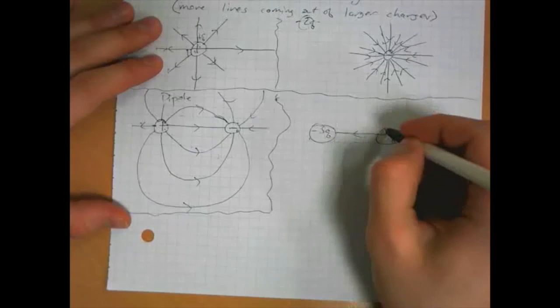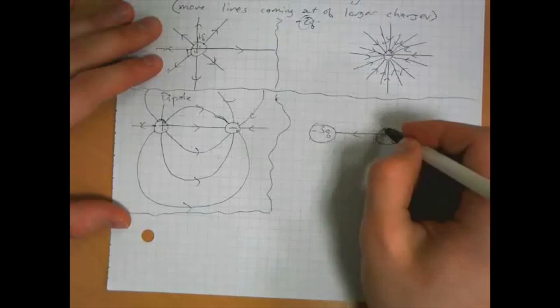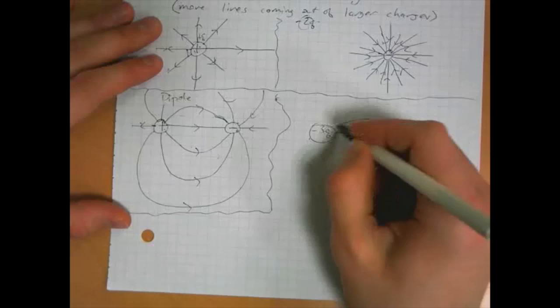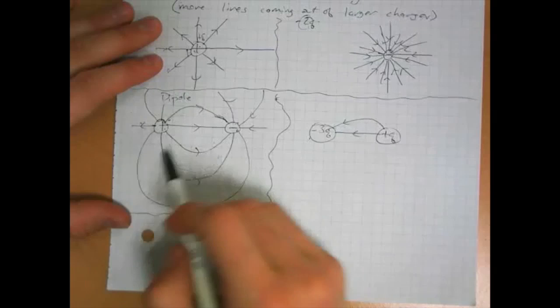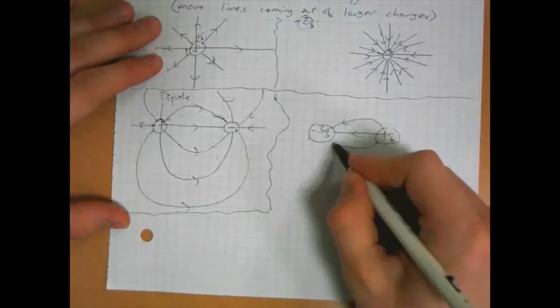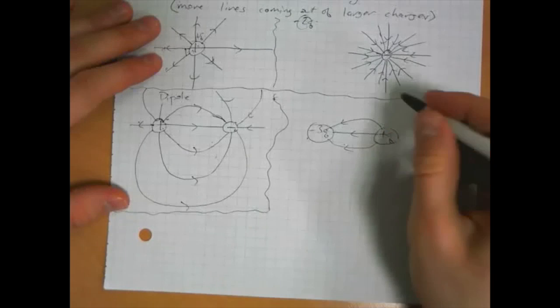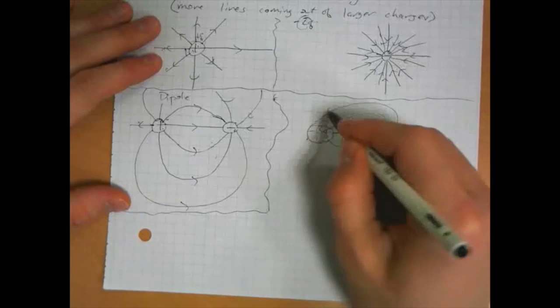And this will go off like this, but it'll get pulled toward the 3q faster. So this field was symmetrical, but this one isn't going to be, because the 3q is bigger than the q. And it'll look something like this.